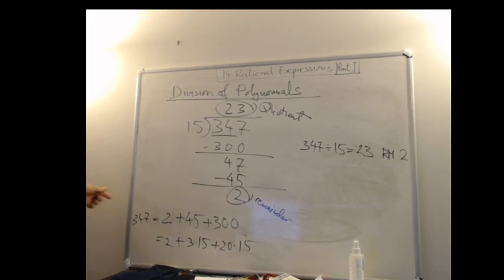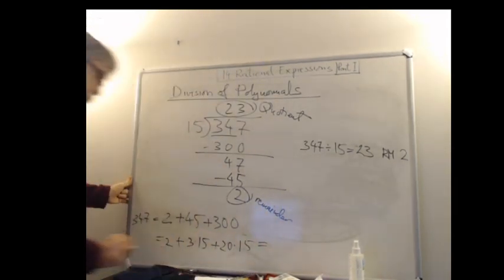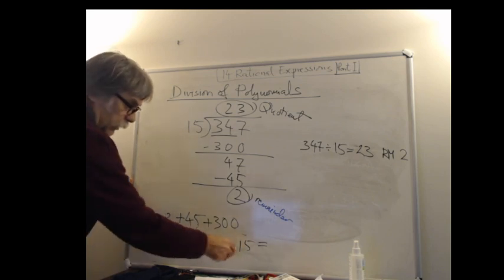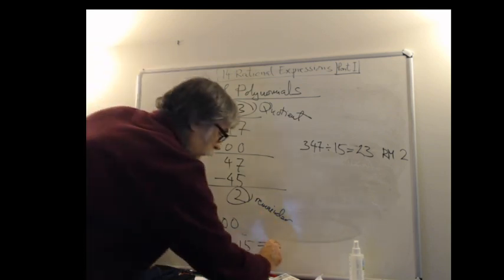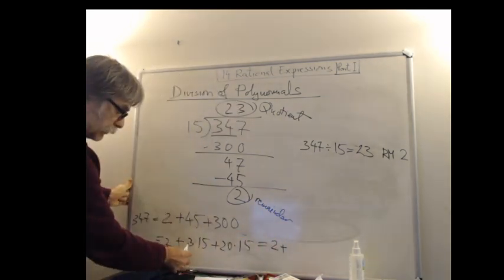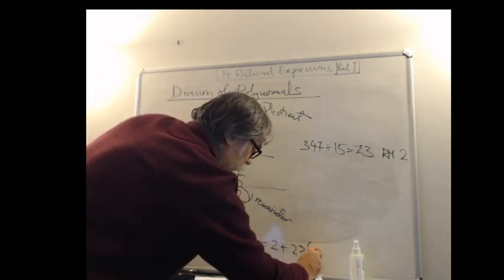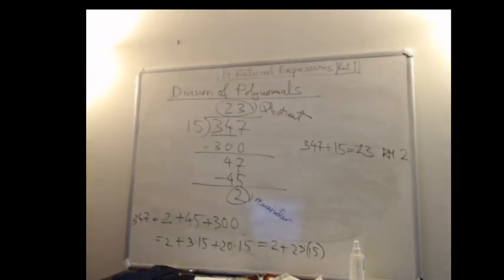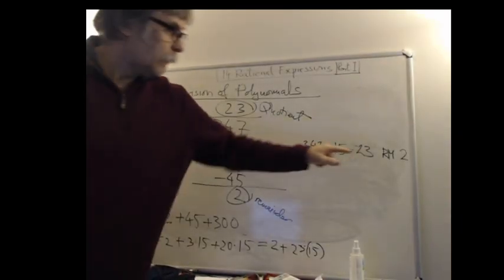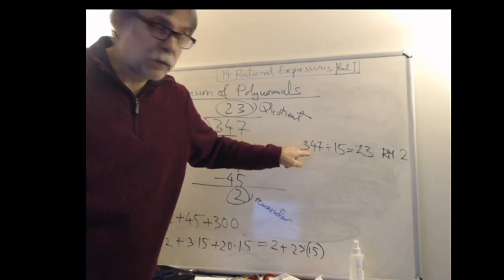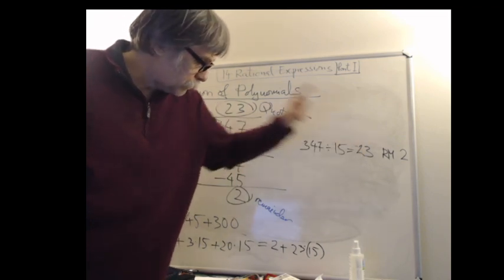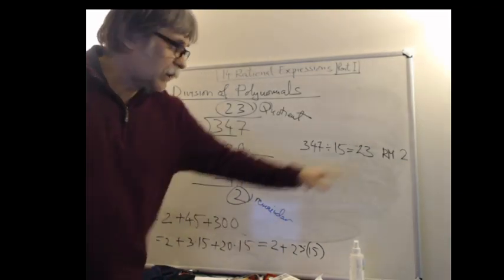Now take a look at distributivity here. You have a 3 times 15 and 20 times 15 and 2. So it's, how many times you have 15? 3 and 20. You have a 23 times 15. Okay? This is exactly what you have here. 15 goes in 347, 23 times, and 2 is extra, remainder.